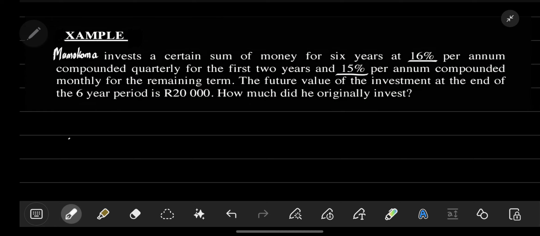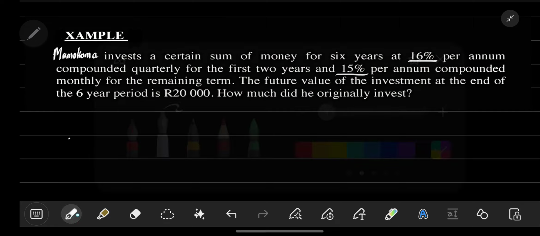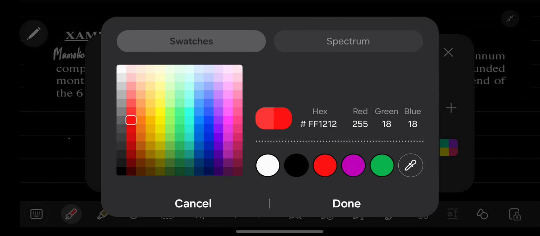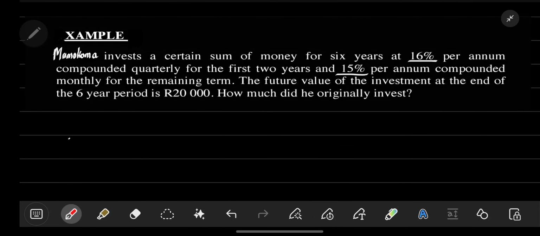Okay, so in our previous example, we dealt with something similar to this. But the only difference between the previous one and the one that we are having at the moment is that in the previous example, what they wanted was the money in future.